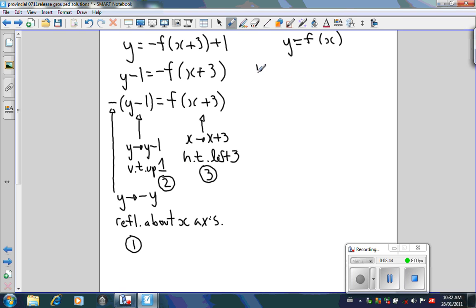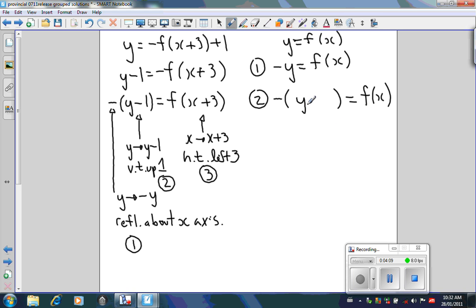And you recall we want to do our reflections, compressions, and expansions first, and our translations second. So number 1, I'm replacing y with negative y. I get negative y equals f of x, and that's my reflection about the x-axis. The second one, I'm taking that negative y, and there's my space for y, which equals f of x, and I'm replacing y with y minus 1.